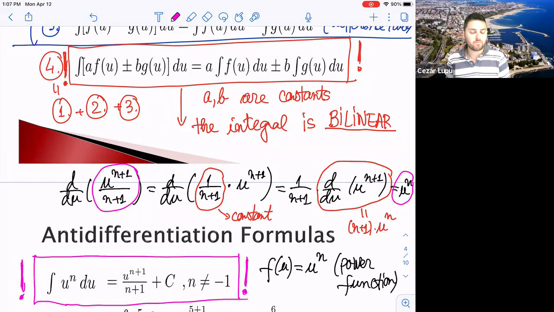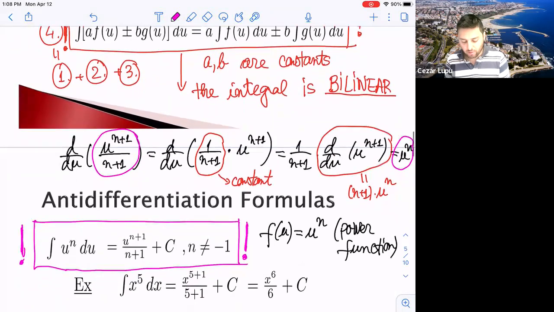For example, what if we have to compute, okay, let me give you a quick example. Look at this guy here. So this is the example for n equals 5, right? Like I said, I'm stressing this n to be different than negative 1.